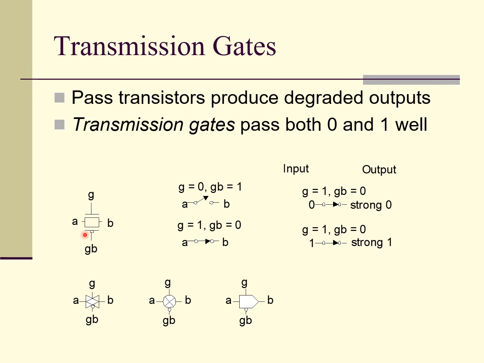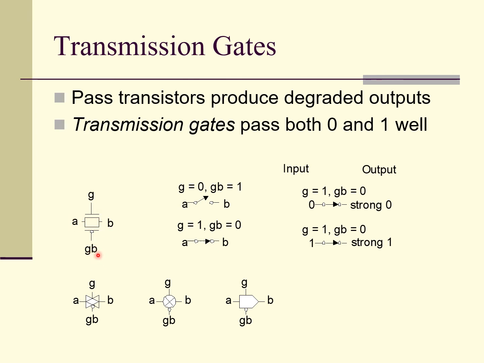If we have a gate of logic 0, then the NMOS will be off, so the circuit is turned off and no current will pass from A to B. But what if we have the gate equal to 1? Then the NMOS will be turned on.